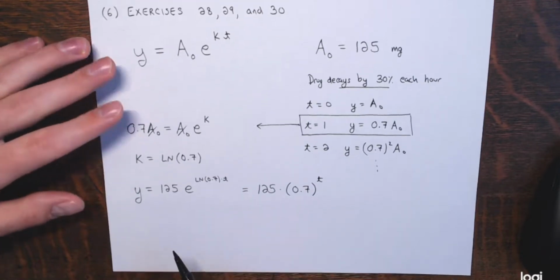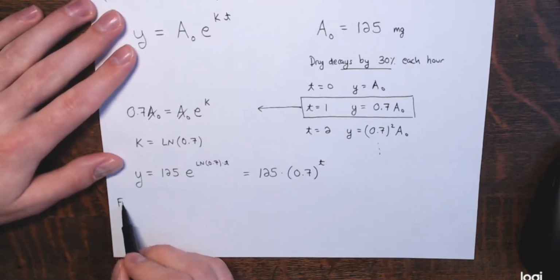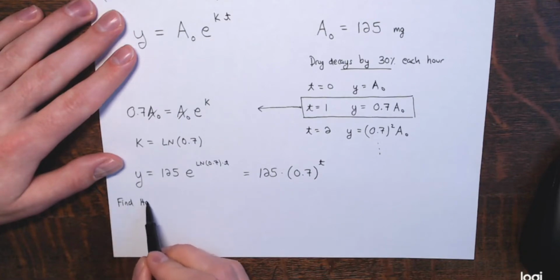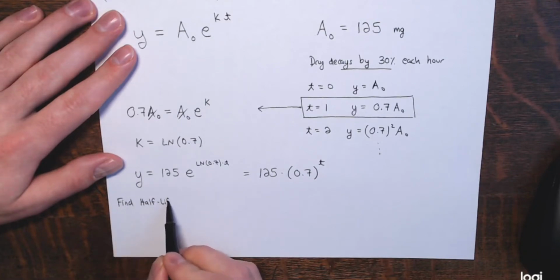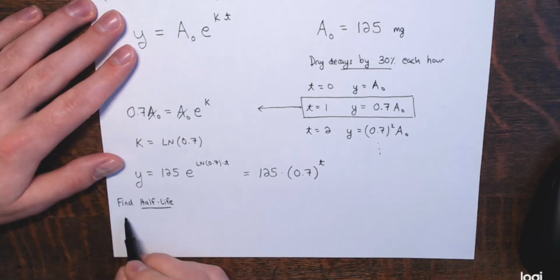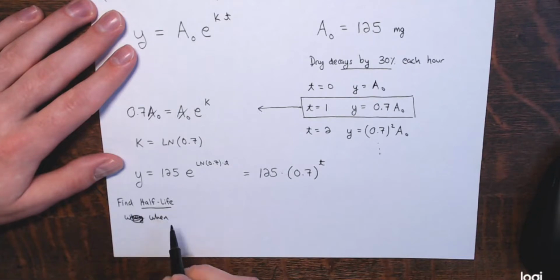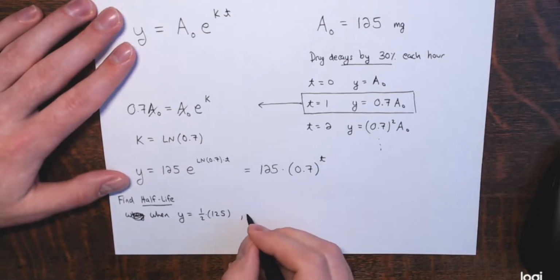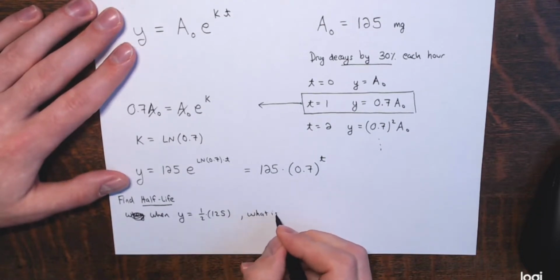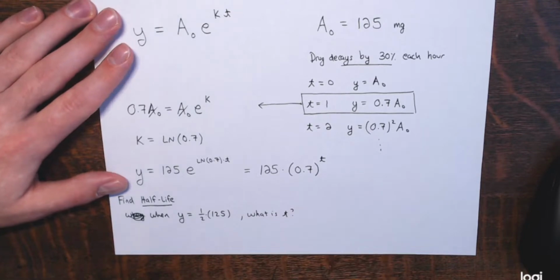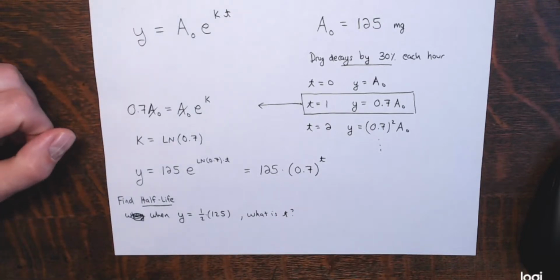They want us to find the half-life of this drug. So basically, when the amount left is half the initial amount, half of 125, I'll just put it like this because we're going to see 125s canceling in a second anyway. What is t? How many hours does it take to decay to half the initial amount?